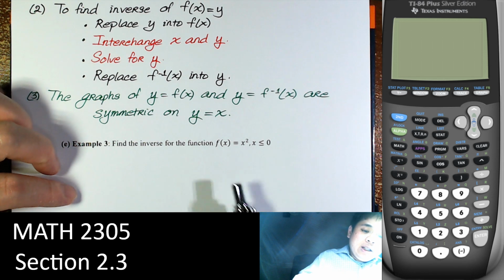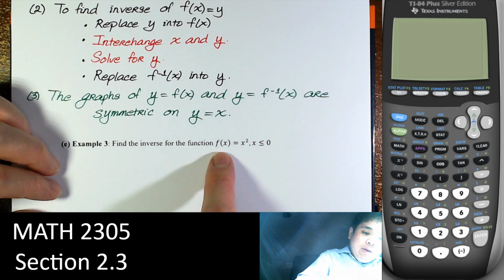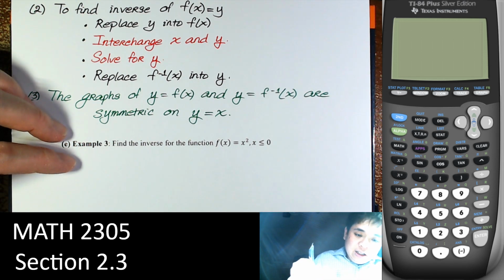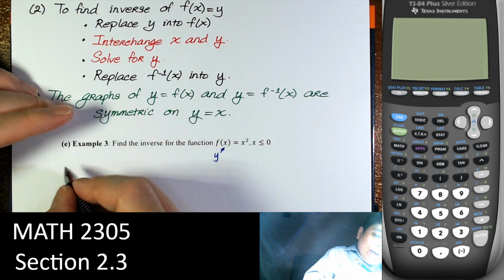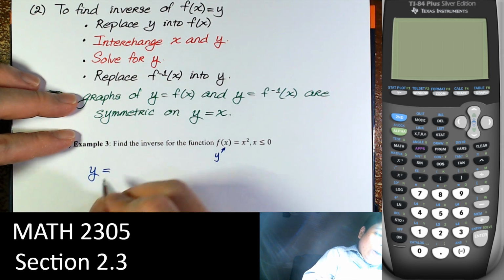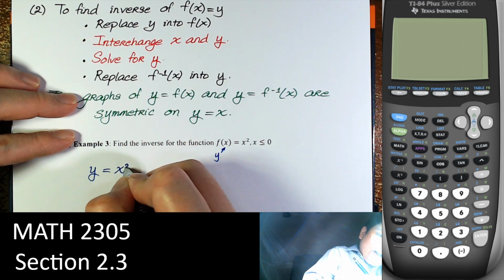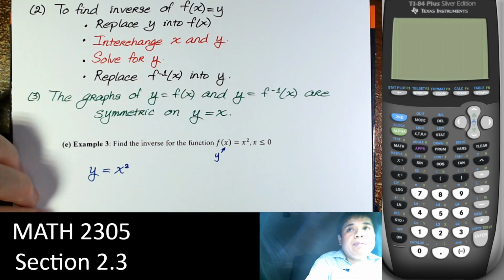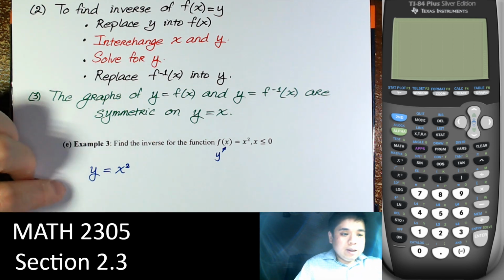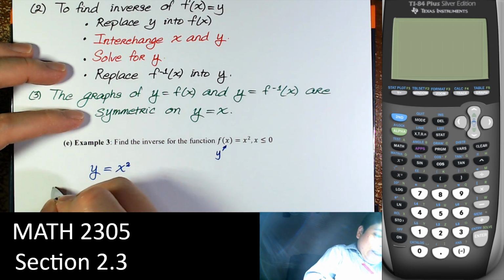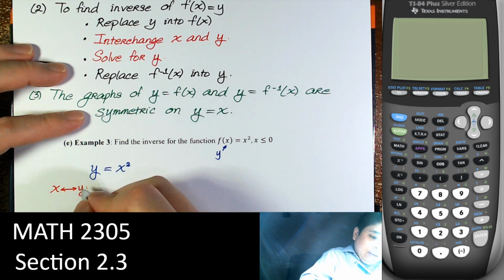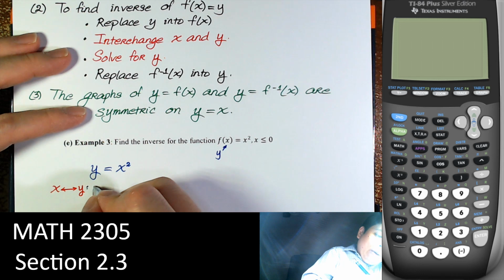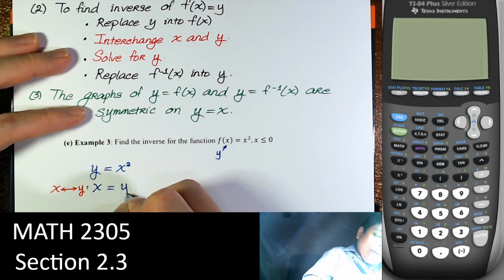First I'll replace f of x with y, so y equals x squared. Now we interchange x and y, so y becomes x, x becomes y.